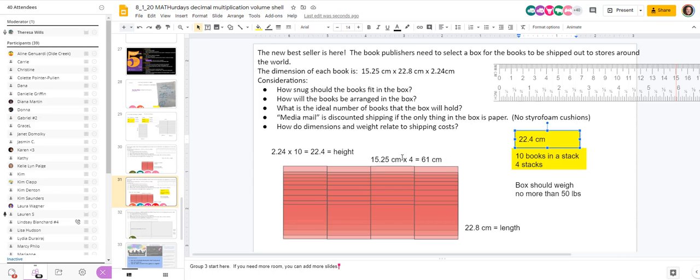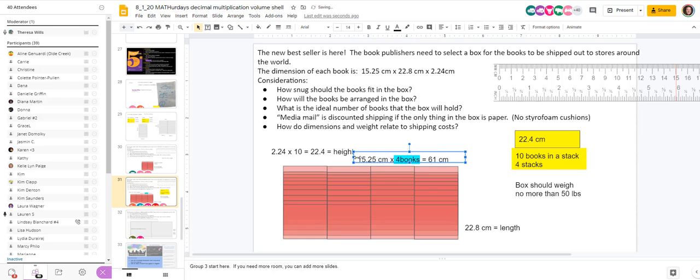But it's really easy to say that the height is 10 books, so it's 10 books deep, and they made 4 stacks, so that's 4 stacks wide, and then each stack is the size of one book.